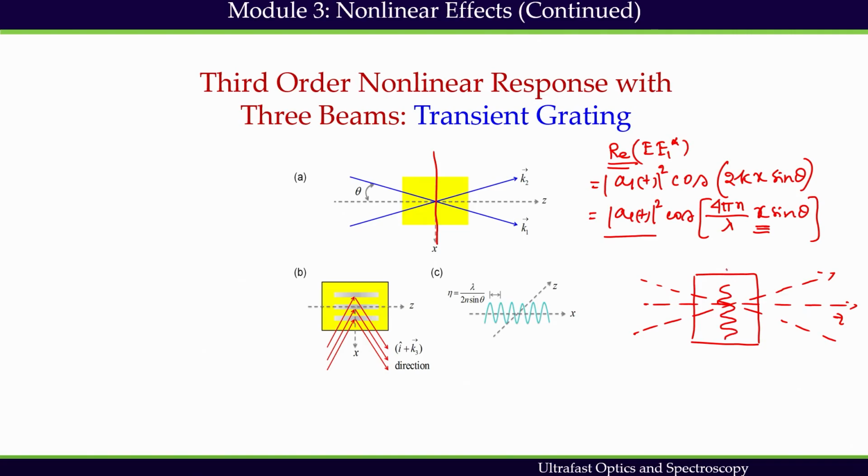Sorry, this is the x direction. Variation of intensity along the x direction means that, let's say, this is intensity.